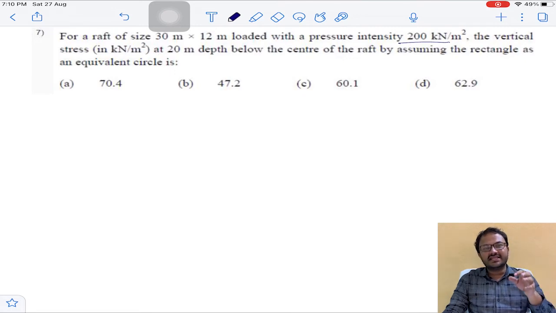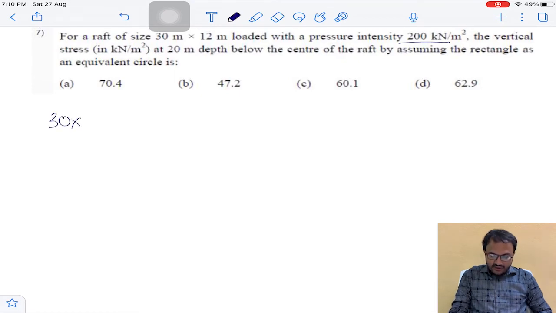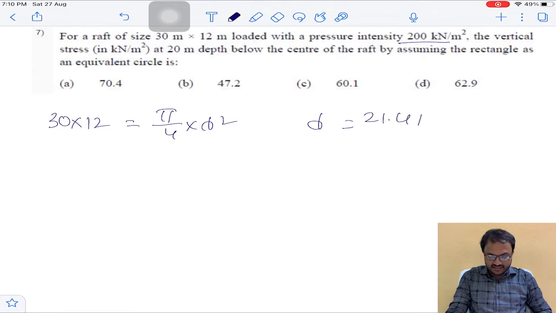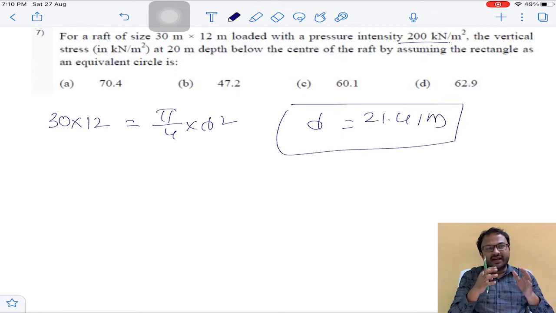That is, the loaded intensity is given over a rectangle, but we need to convert that rectangle into a circle. So first of all, the rectangle area is 30 by 12. Pi by 4 d square is the circle area. From this we will get d equal to 21.41 meters. So now the rectangular loading has been converted into circular loading.